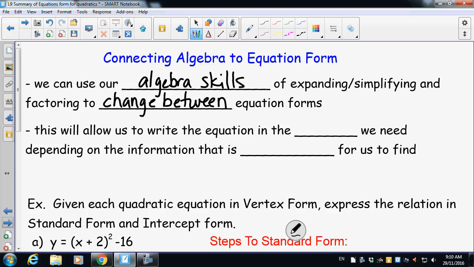And to read it off a graph is not as accurate. So this allows us to write the equation in the form we need, depending on the information that is required for us to find.